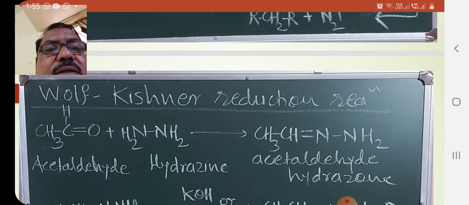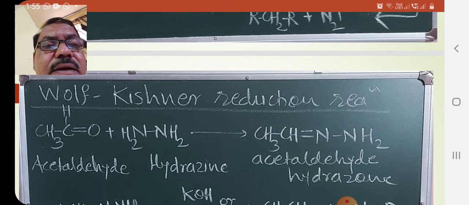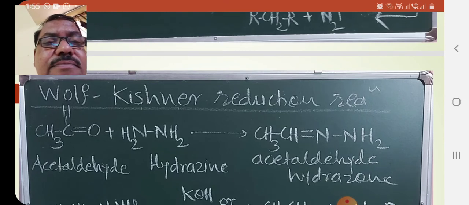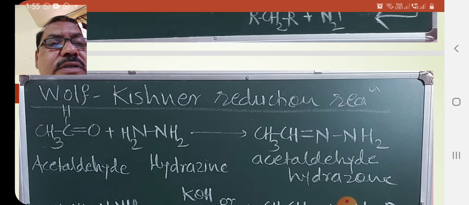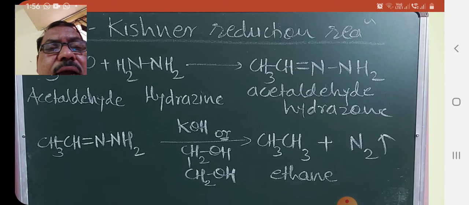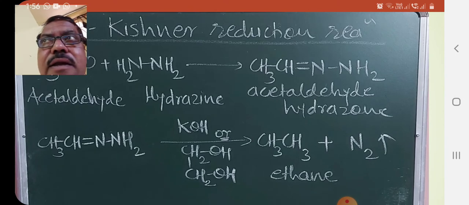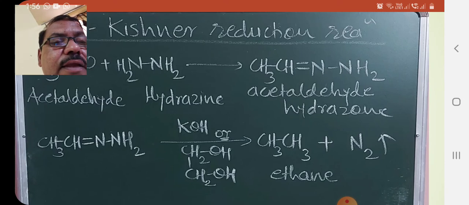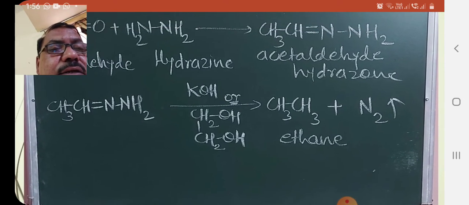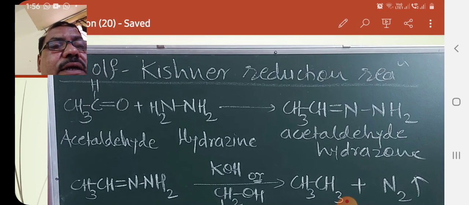In the example, you can see when acetaldehyde is reacted with hydrazine, first it gives acetaldehyde hydrazone, and an H2O molecule is removed. And in the second reaction, when acetaldehyde hydrazone is reacted with KOH in ethylene glycol, ethane is formed with elimination of nitrogen gas. So this reaction is called the Wolff-Kishner reaction.